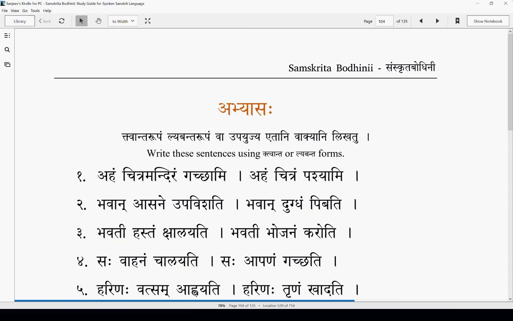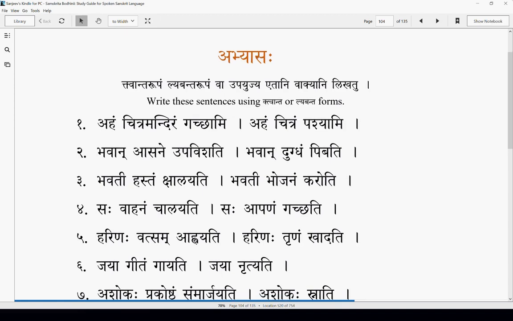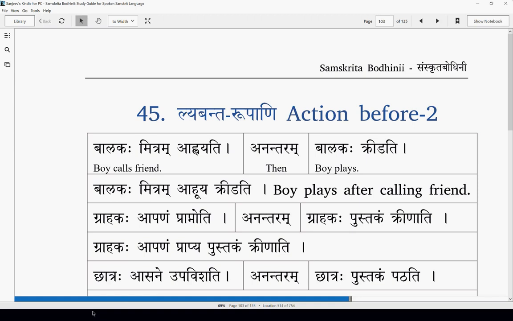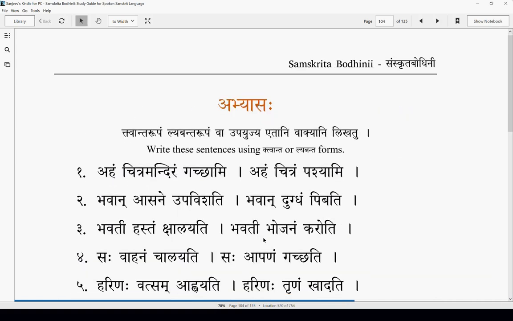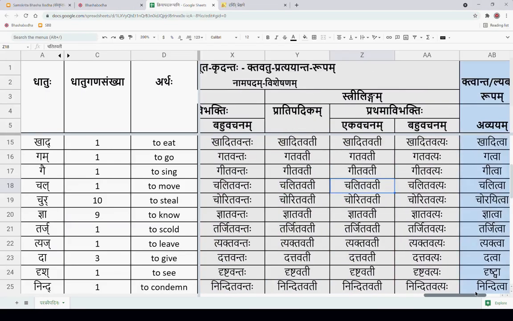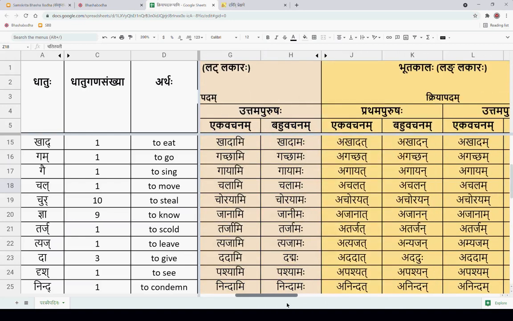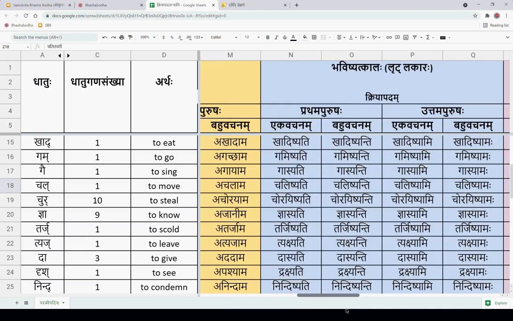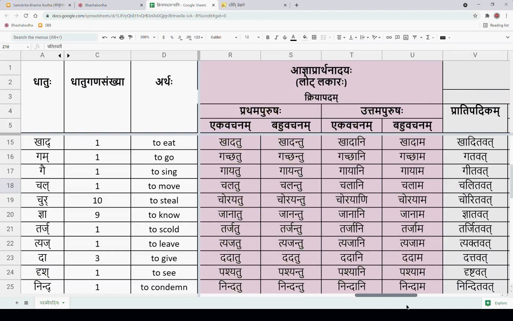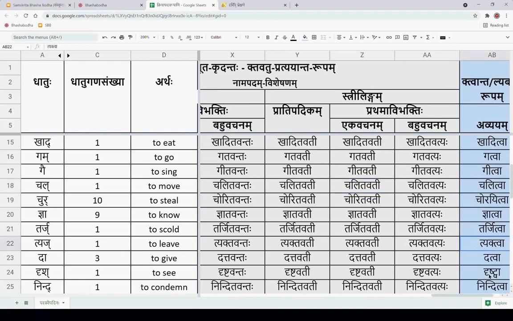Some 10th or 11th form abhyasa is there. In the table here also, where is that? Here kaditva is given.